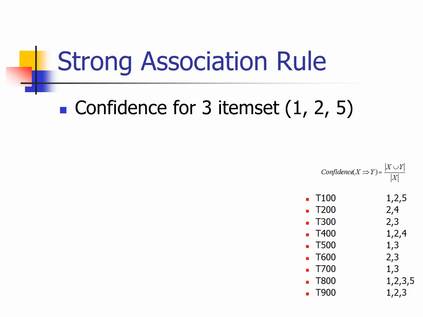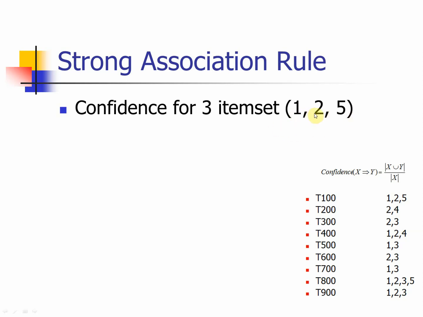However, that's not the only frequent itemsets that we have found. Not only those 6 2-item sets, we also retrieved 2 3-item sets. This time, things become more complicated because in order to calculate the confidence, a 3-item set will need to be divided into several checks. Starting with item 1 goes to 2, 5.